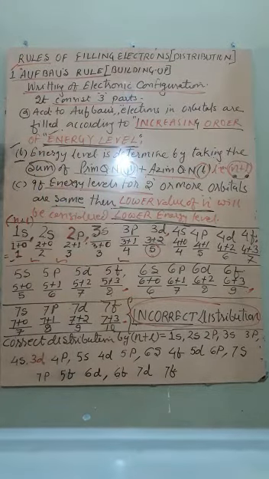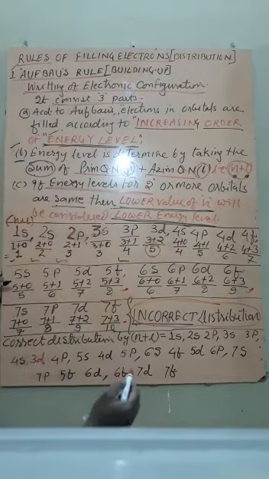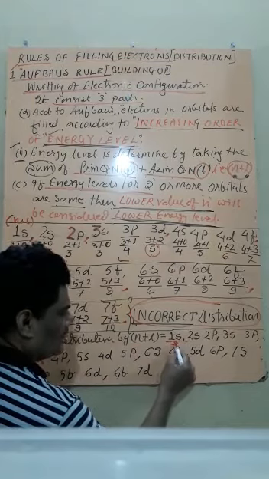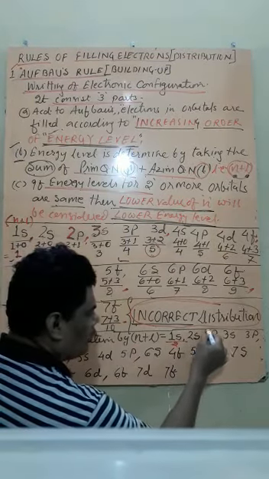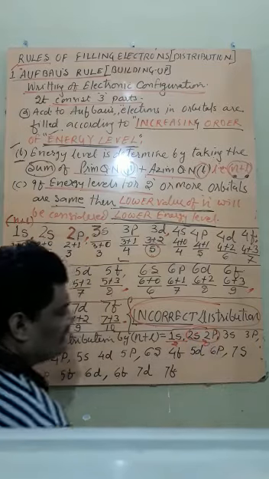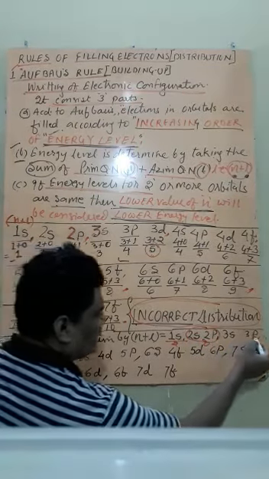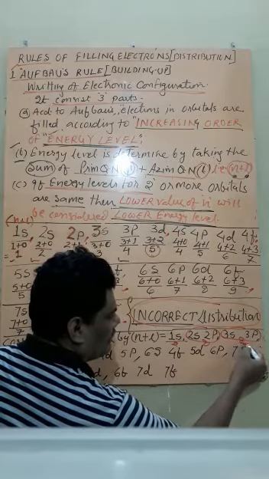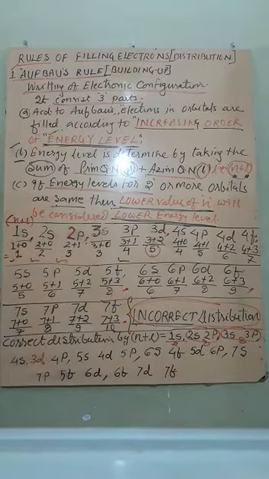So how do we start filling? We will fill 1s in the first shell, that is 2 electrons. 2s and 2p are in the second shell, and there will be 8 electrons. 3s and 3p are filled in the third orbit, and there will be 8 electrons.